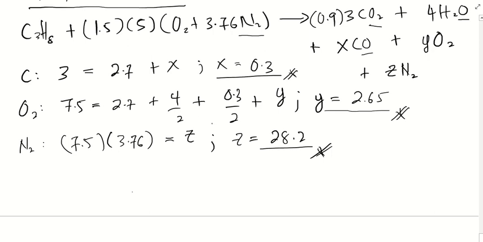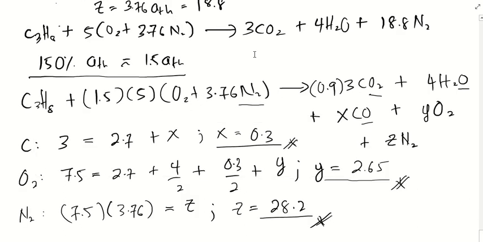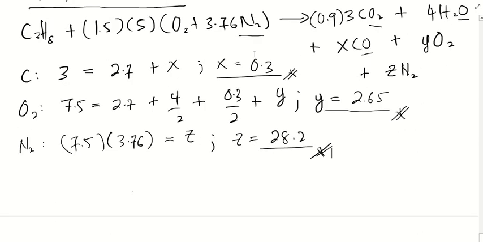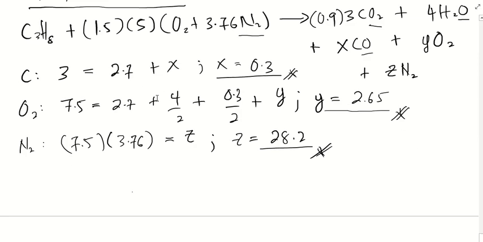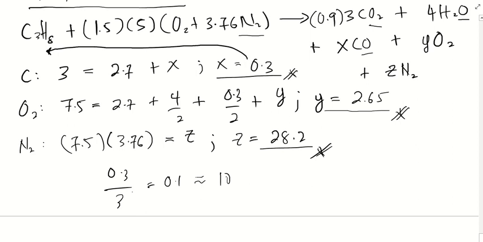So that's the balance equation for 150% theoretical air, meaning 50% excess. You can check this one because if you notice here, 10% forming carbon monoxide. So you can check this value: 0.3 divided by 3 is actually 0.1, so 10%.